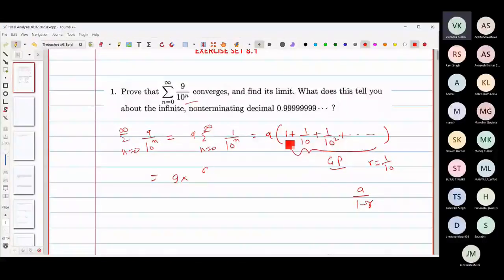A is 1, so 1 over 1 minus 1 over 10. So this you can simplify and find the sum. And to claim that this is convergent, because this has a finite sum, of course this is convergent. A series is convergent if it has a finite sum.